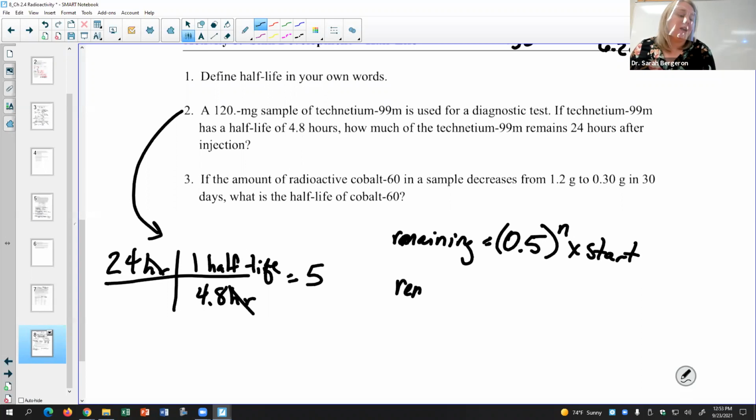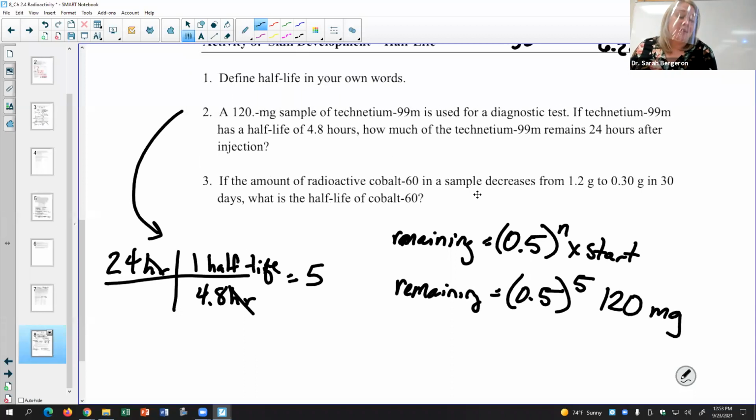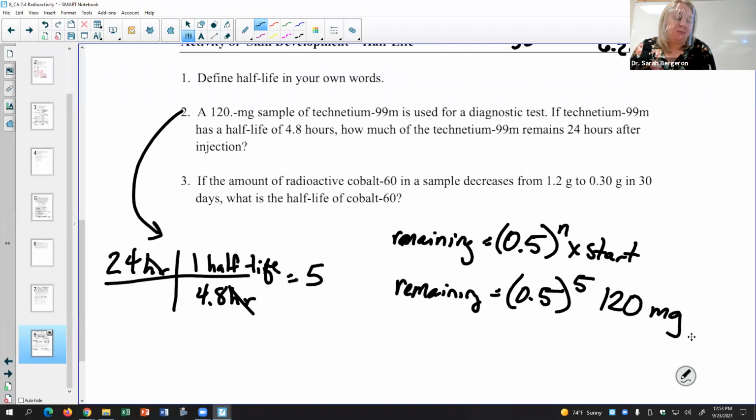So remaining equals 0.5 raised to the 5 times, we're starting in this case with 120. Make sure you check your units. This one's in milligrams. Okay, so what do you get?